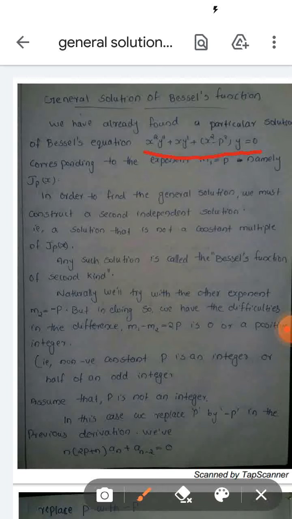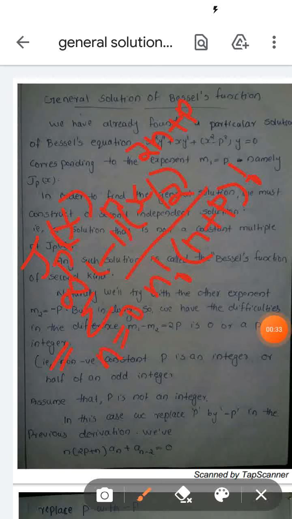Corresponding to m1 equal to p is the Bessel function of first kind of order p, which is denoted by Jp of x. Jp of x is equal to the summation n equal to 0 to infinity, (minus 1) raised to n into (x by 2) whole raised to 2n plus p, divided by n factorial into (n plus p) factorial.